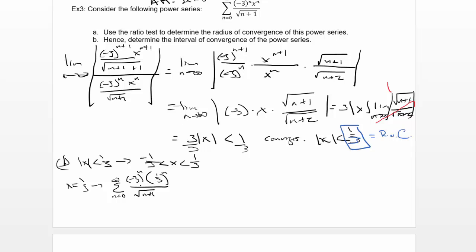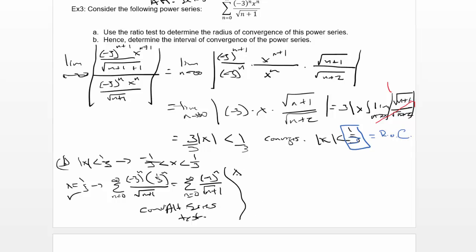This would be like (-3 times 1/3)^n, and -3 times 1/3 is -1. This is an alternating series, and this converges by the alternating series test. So when x is 1/3, life is good.